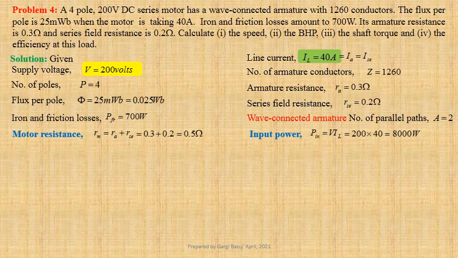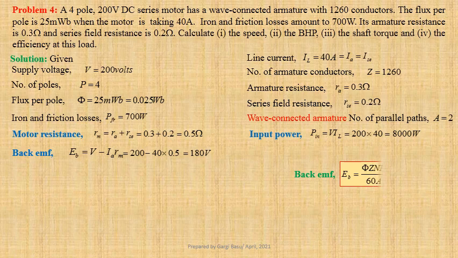Neglecting brush contact voltage drops, we get the expression for back EMF EB equals V minus IA times Rm, that is equal to 200 minus 40 into 0.5, that is equal to 180 volts. Expression for back EMF EB equals phi Z N P divided by 60A.